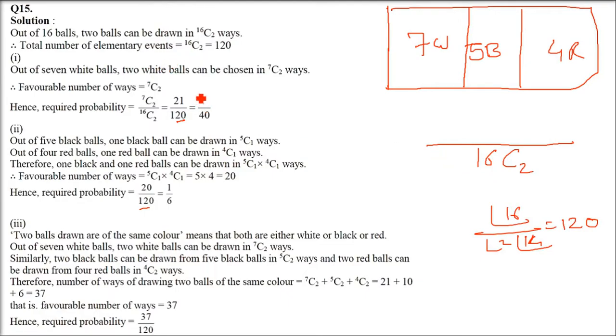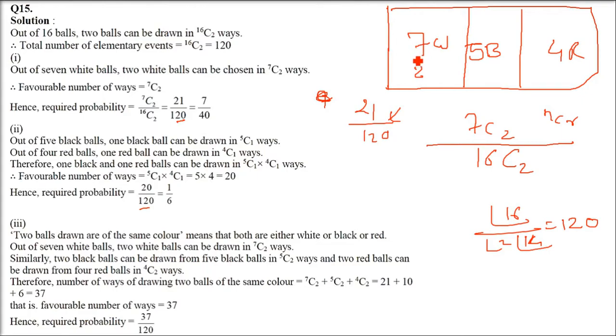Now coming to the first one. It is saying both the balls are white. 7 whites are there, you have to choose 2 out of them, so 7C2 by 120, that is 21 by 120. I hope you will be able to do this. I am just giving you the approach. So 21 by 120 is going to come as 7 by 40. Second part: one ball is black and the other is red.